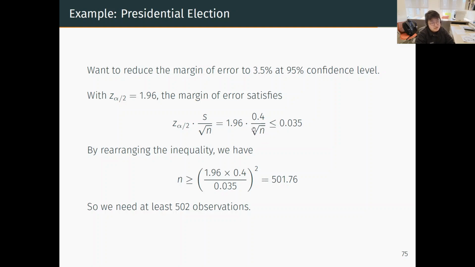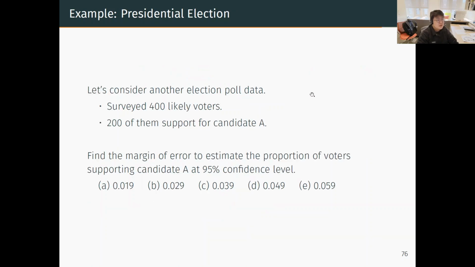Okay, then move the square root n to the other side and bring this to the denominator to have this inequality, and then square both sides to have this inequality, which shows the sample size must be greater than this, which means you need to have at least 502 observations. Then you can reduce the margin of error to 3.5%. That's how we can apply the survey design idea in here.